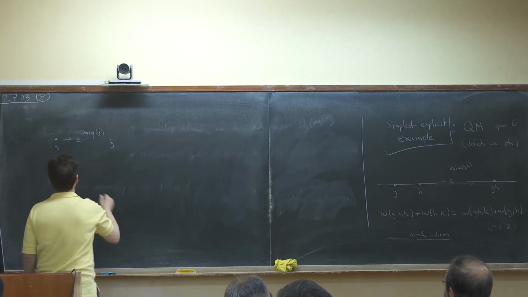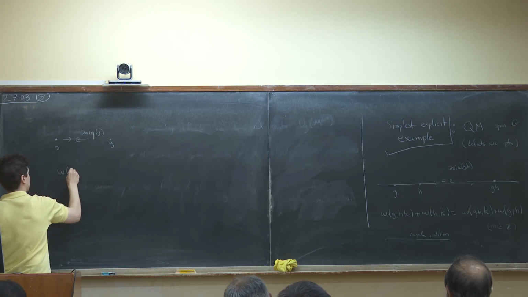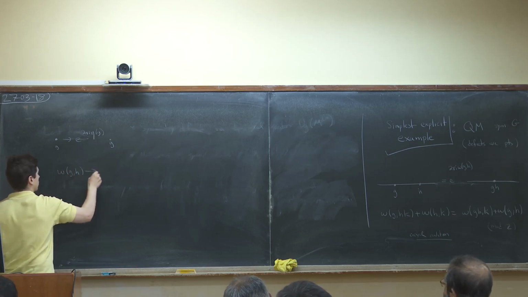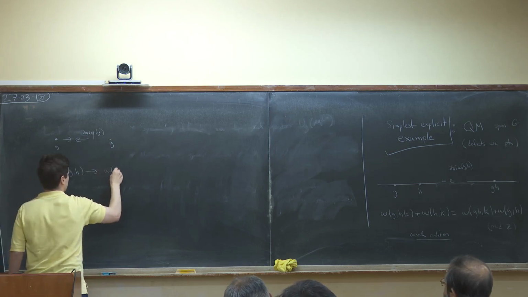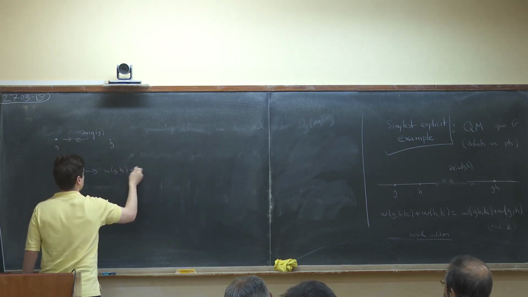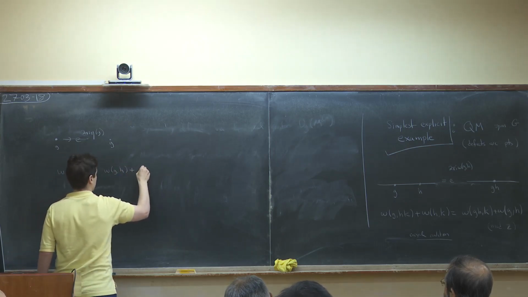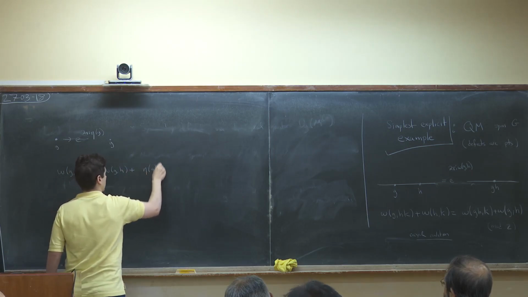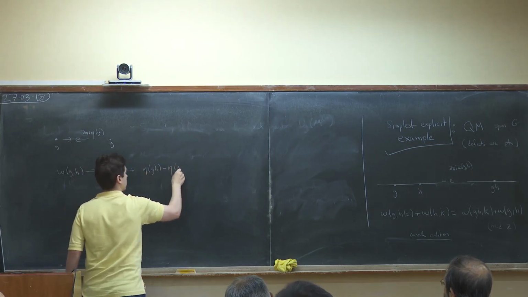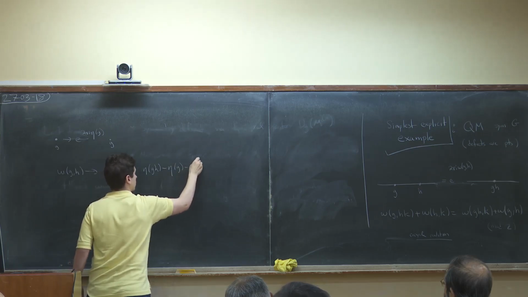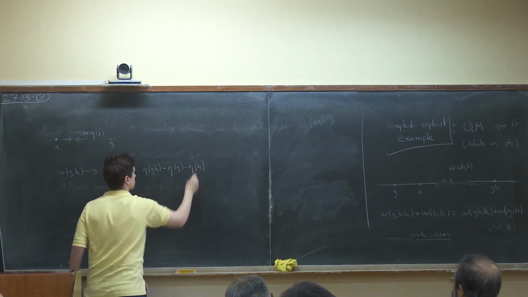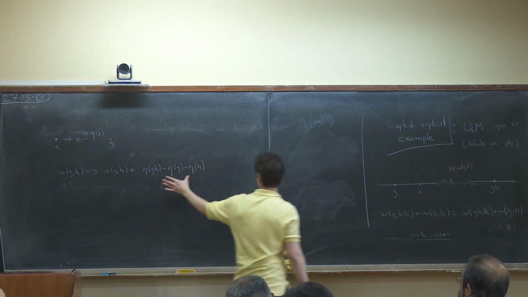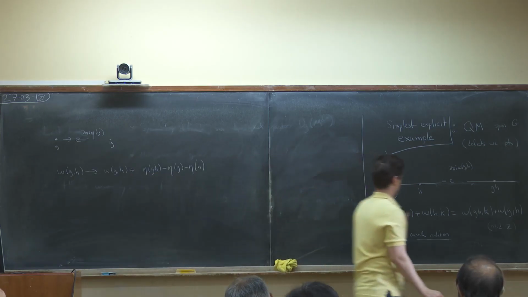And if I do this, I'll find that omega of GH will change to omega of GH plus eta of the product minus eta of G minus eta of H. And this kind of term will always satisfy this equation.